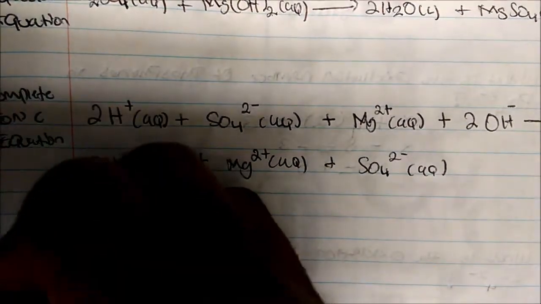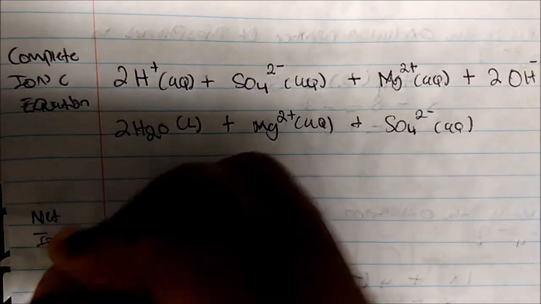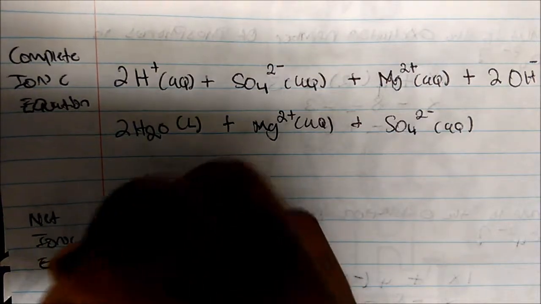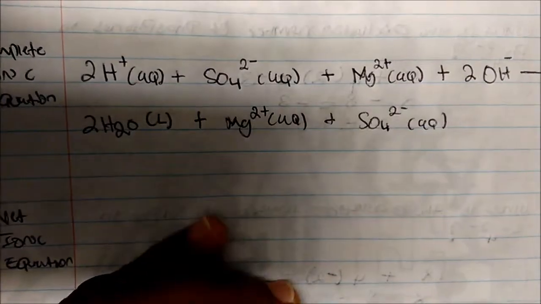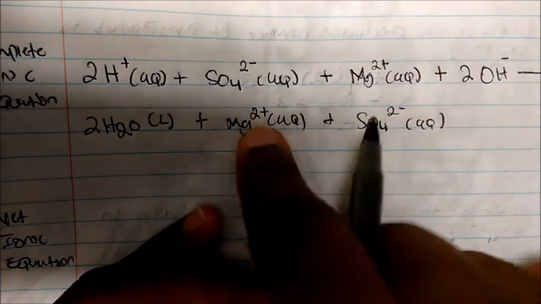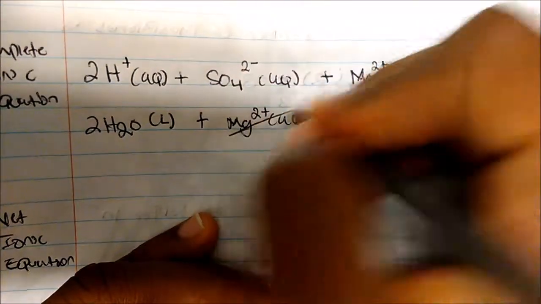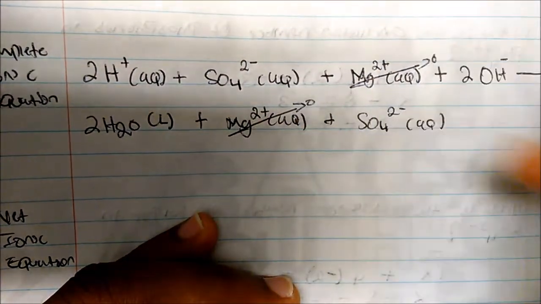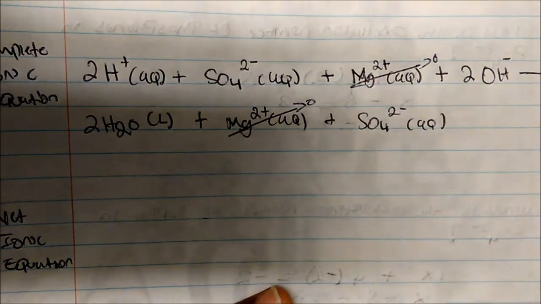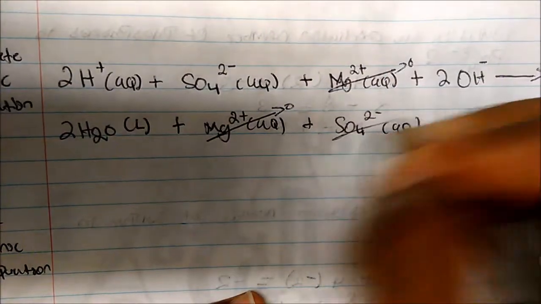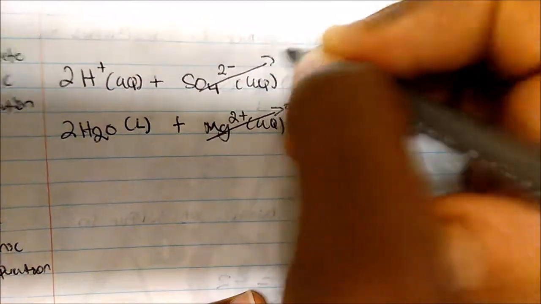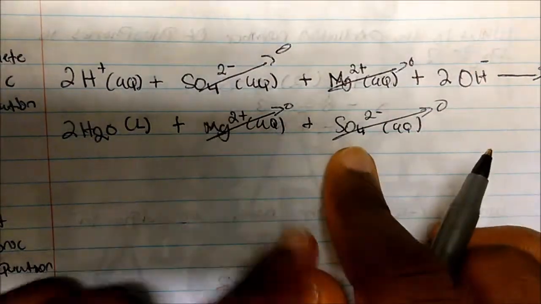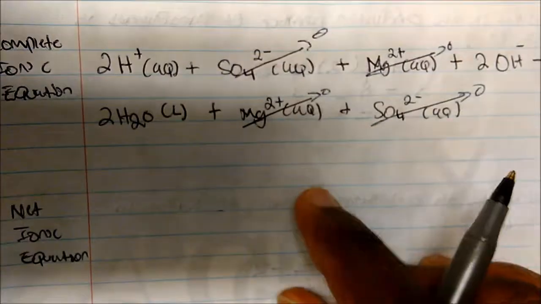Now the net ionic equation. I'm simply looking for spectator ions. I see magnesium on the right and the left, so that goes to 0. SO4 2 minus is on both sides, so that will go to 0. I can't cancel out anything else.